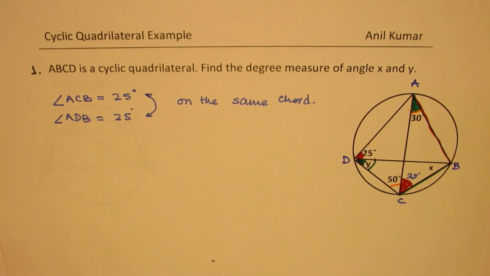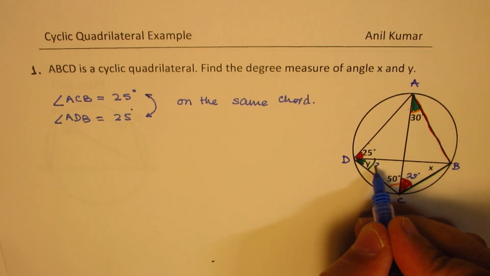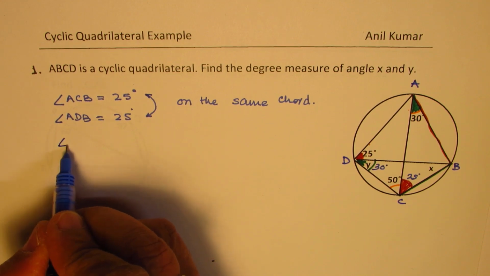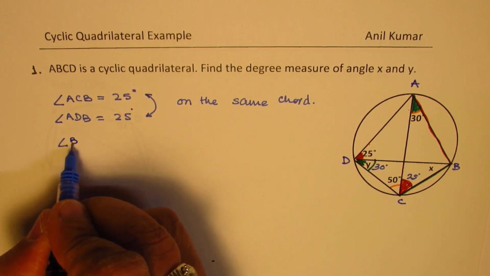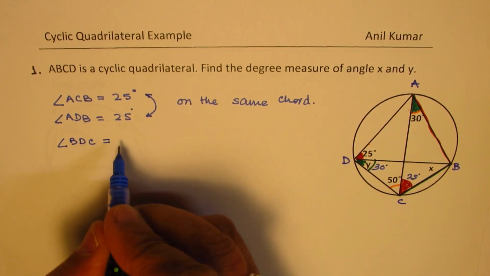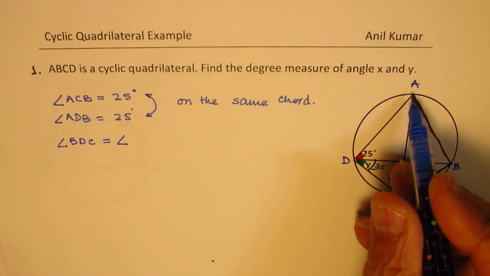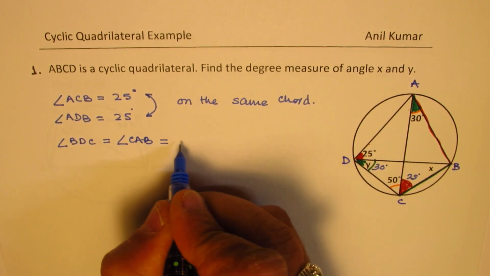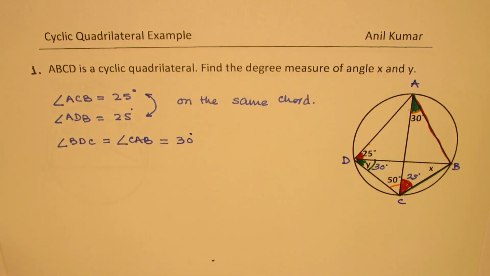And so we can use the same property to write Y as 30 degrees also. So we know now that angle BDC should be equal to angle CAB, and that should be equal to 30 degrees.